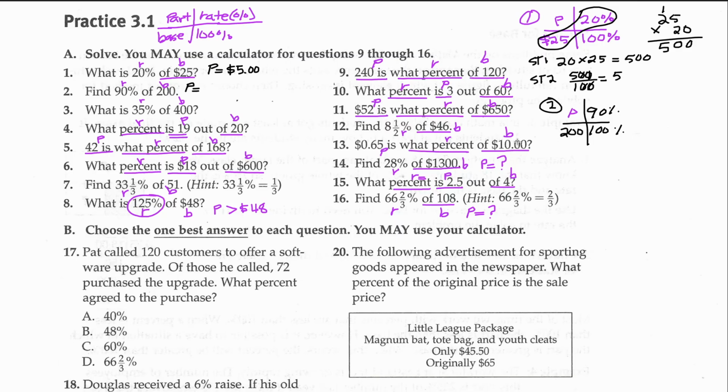Now, in order to solve for P, we need to multiply 90 by the 200. That's step 1. So 90 multiplied by 200. That's going to give us 18,000.